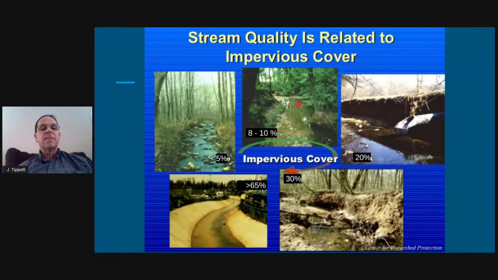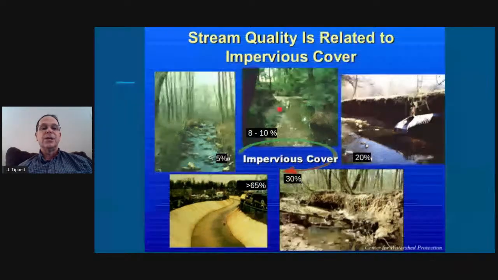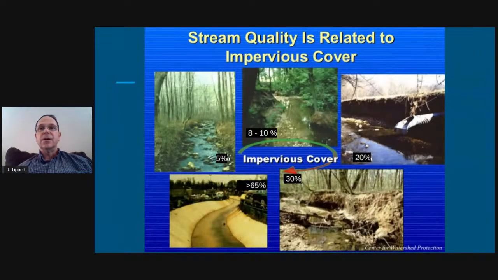In general, we found that around 8% of impervious cover seems to be the threshold at which watersheds really start to show signs of impact. And that's the number I'd like you guys to remember. 8% seems to be the threshold of impervious cover where watersheds start to show significant downstream impacts. 8%.